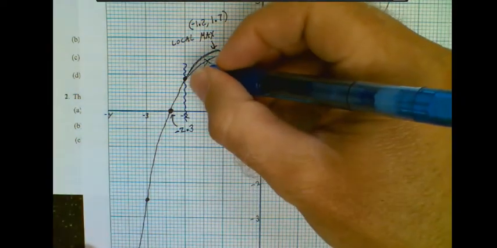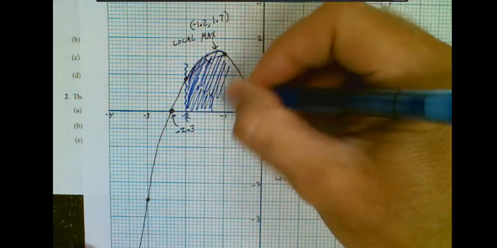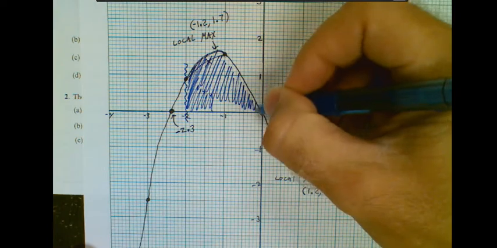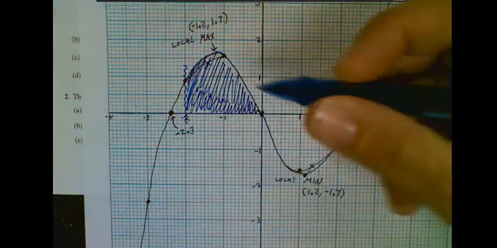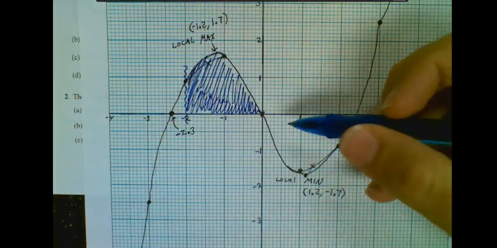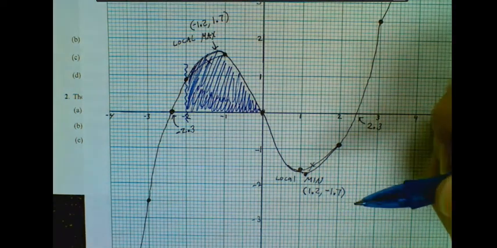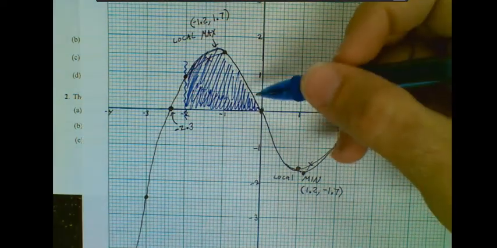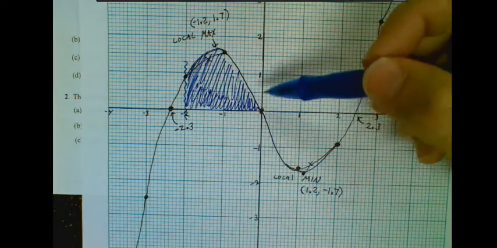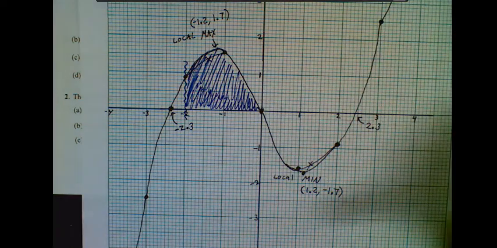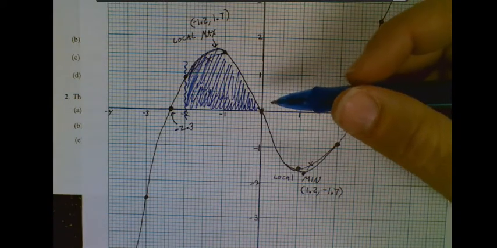So they must be referring to this area right here. So I think the phrase enclosed by the graph would stop you at this point instead of continuing on to this area as well. So maybe that's implied. It would have helped if they would have said not only where x equals negative 2, but also where x equals 0. So that would have been a nice cutoff at the right, but I think it's kind of implied on this one, just by the idea of the area enclosed by the graph.